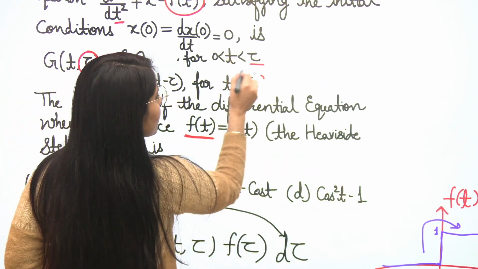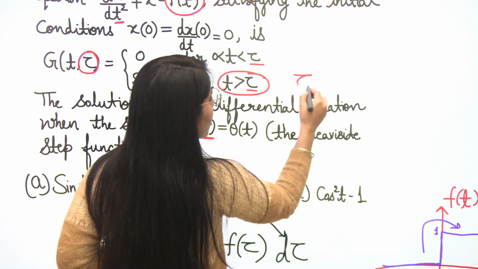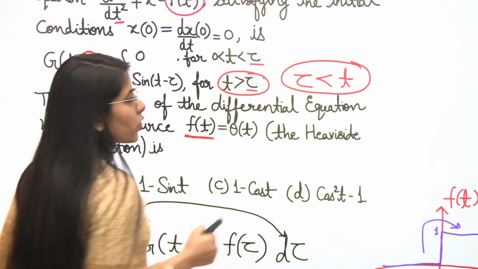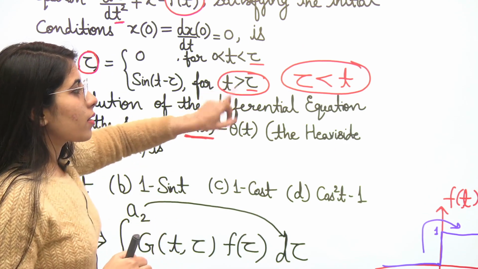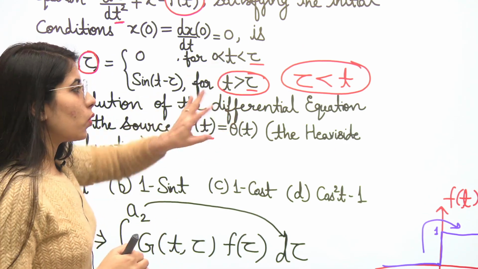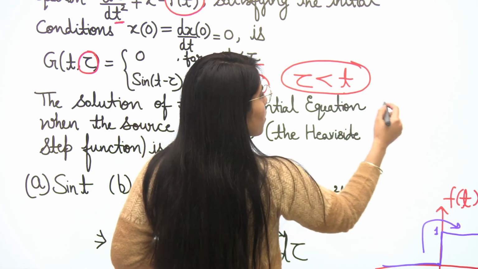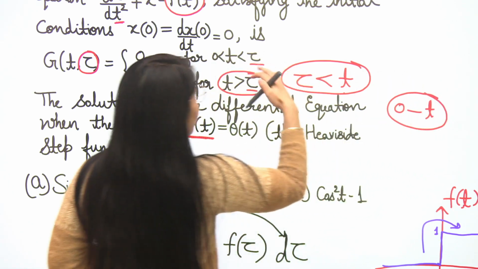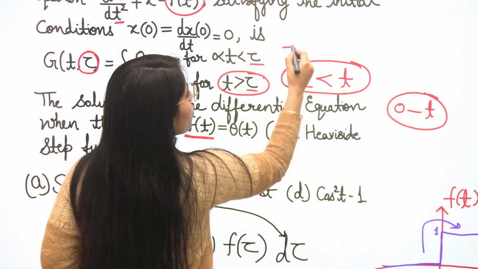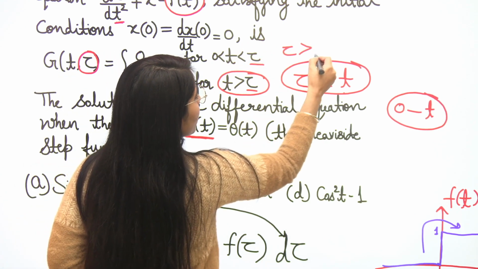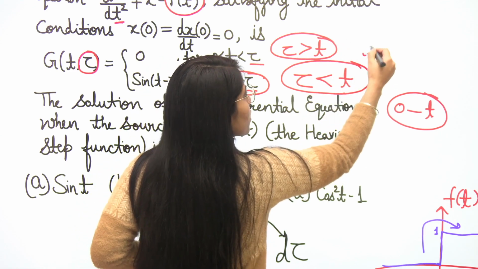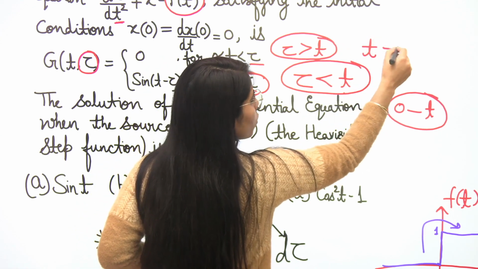So in this case, if you are going to observe this one, look at this. Here, tau is less than t, which means I can take the range 0 to t. So here the range will start from 0 and then end at t. But in the next limit, you can even write it in this way, that is tau is greater than t, which means tau value is greater than t, which means t to infinity.